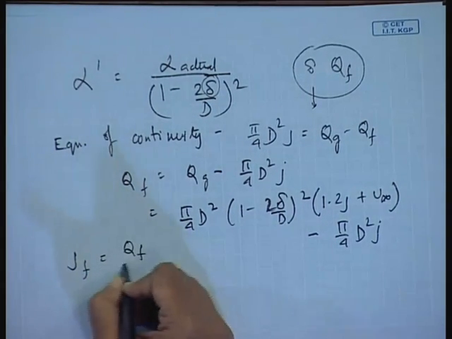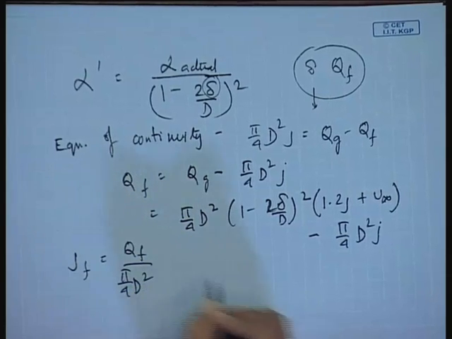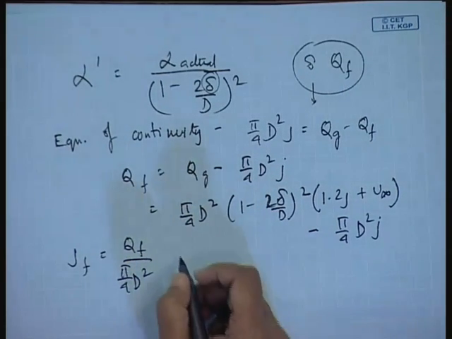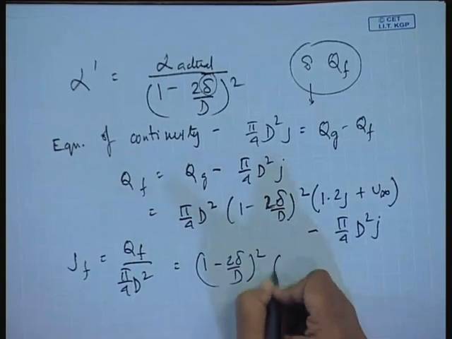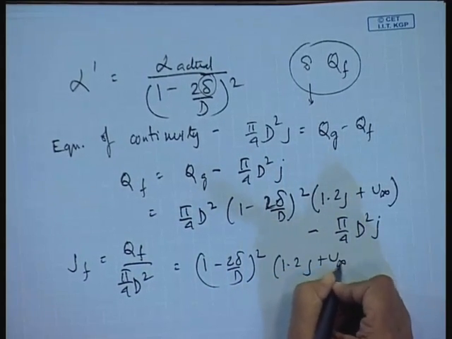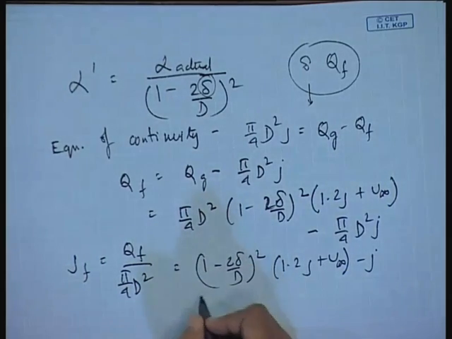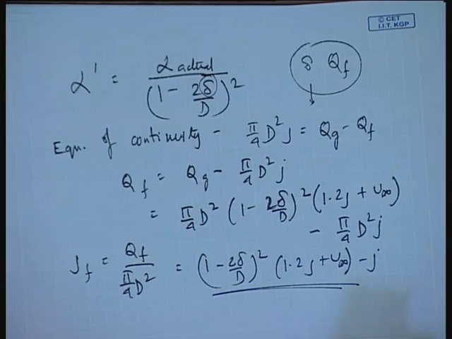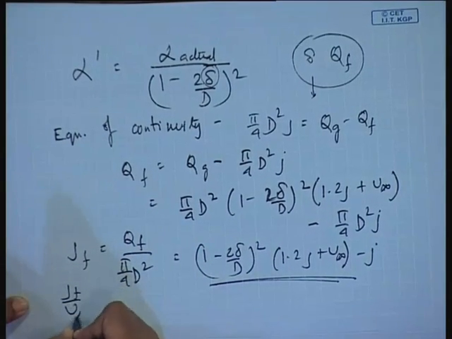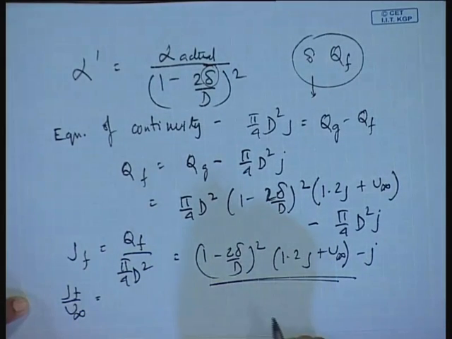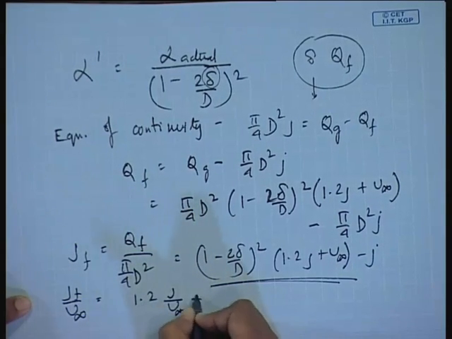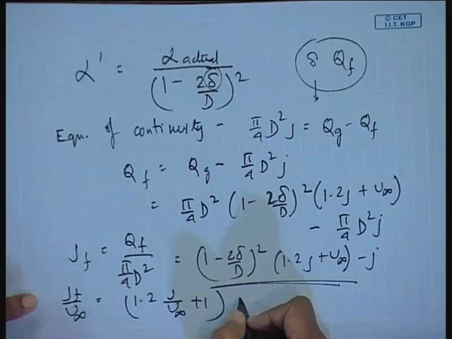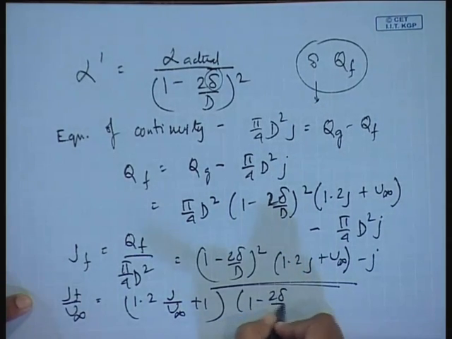What is that equal to? Qf by pi by 4 d square, correct? So, this will be equal to 1 minus 2 delta by d whole square into 1.2 j plus u infinity, minus j. Just note this particular expression. Or in other words, if we write it in terms of Jf by u infinity, just to make it non-dimensional, because we are always very fond of making something non-dimensional, in that particular case it becomes something of this sort.